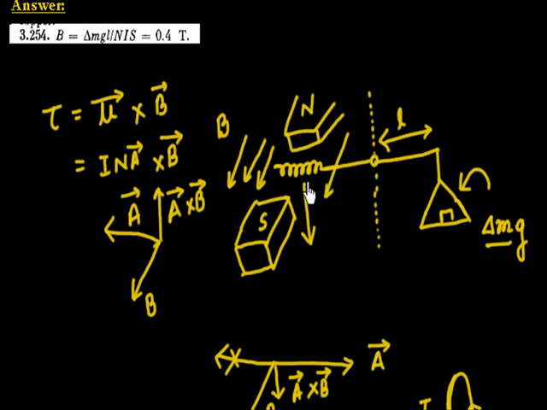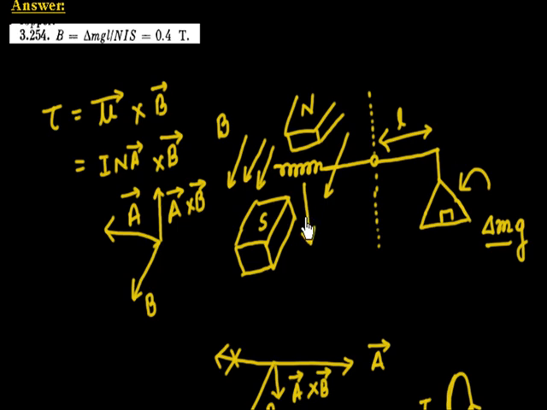You have a balance. One side of the balance contains a solenoid, initially with no current. So the mass of the solenoid is balanced by the mass of the counter bit. Next, you put current inside the solenoid. As soon as you put the current inside the solenoid with the proper direction, there is a force in the downward direction, or you can say there is a torque acting in the opposite direction.